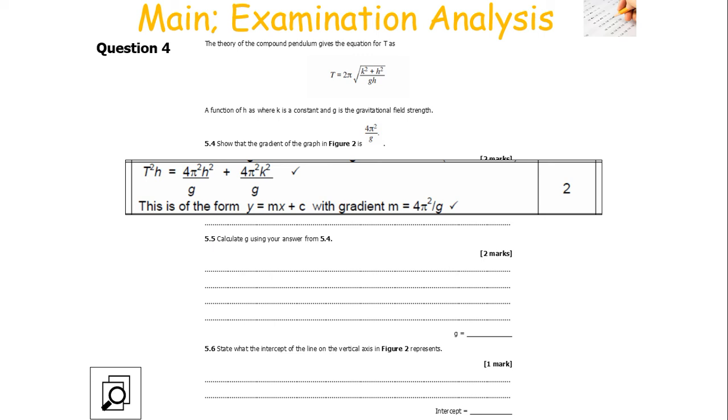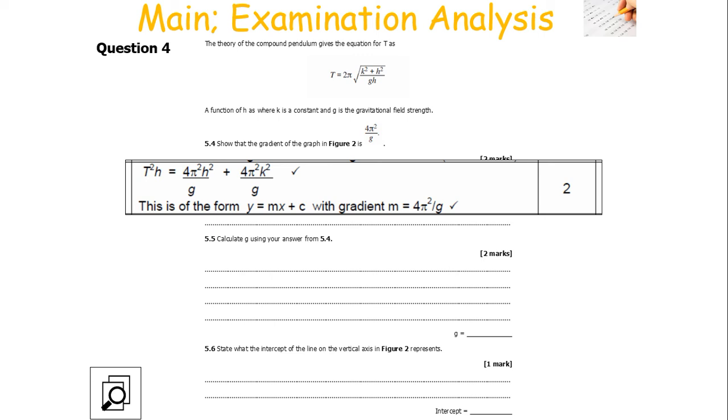At that point we can take h to the other side, so we can say t squared h is equal to 4 pi squared (k squared plus h squared) over g. We've then separated it out like that. So we've now got it in the form of the equation y equals mx plus c, because if you notice on the graph that was drawn in the previous question, the y-axis is t squared h, and the x-axis is h squared.